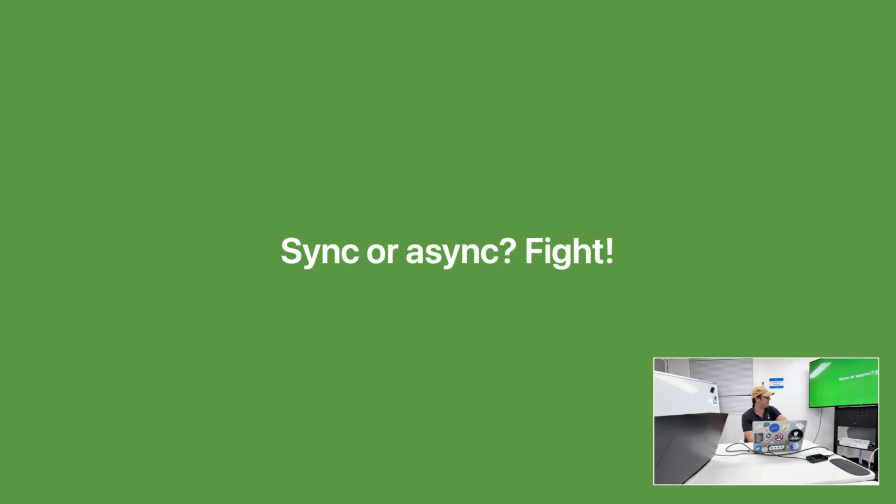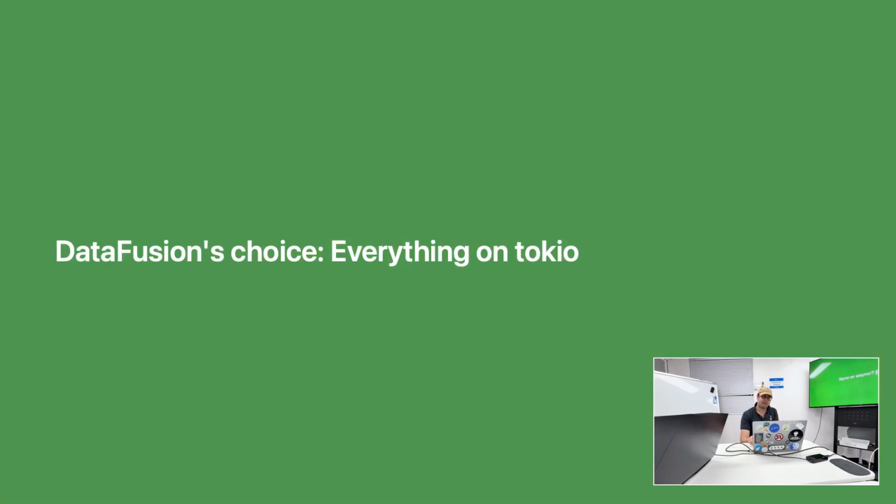Particularly on the UDF side, those can be quite CPU intensive. This is a design decision that DataFusion made. They're putting everything, including CPU heavy work, on Tokio and using that for their scheduling. Andrew Lamb, one of the maintainers, has some talks you can find online where he calls this out as one of their design choices.